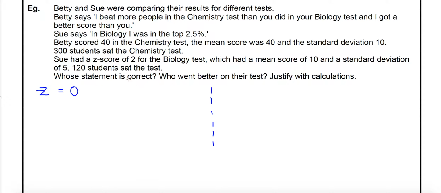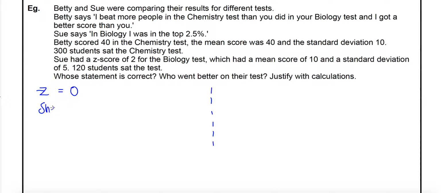Now this means, if here it says that there are 300 students in the chemistry test, how many students then did she beat? Here she says she beat more people. So we're going to check if that's actually true. If she scored the mean, it means that she was the 50th percentile. So she actually beat half of the students that sat that test.